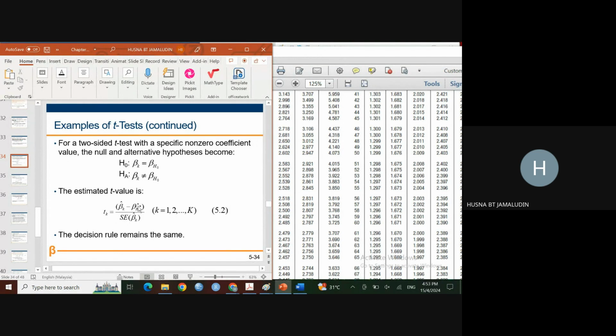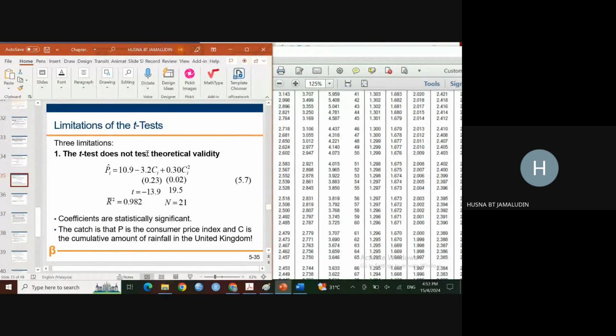But if let's say your beta for the H null is not 0, so what happened? That's why we put non-zero coefficient. This is the formula, but if your beta for H null is not 0, just put the value here and then you will compute your t-score. So the decision rule will remain the same as the previous decision rule.